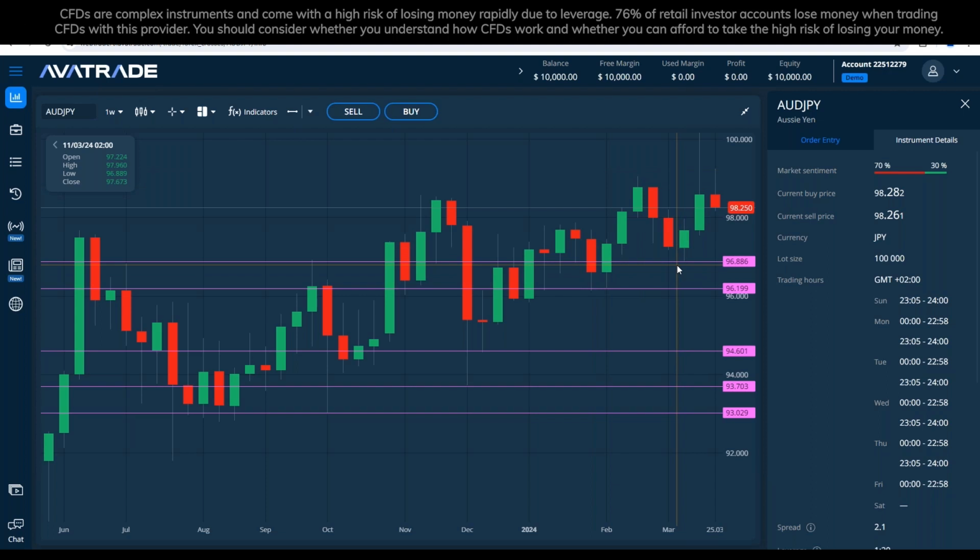So if it gets to this level again, or even close to it, I know that unless something fundamental happens to justify it going further down from the support, I can expect a nice reversal here, or maybe here.